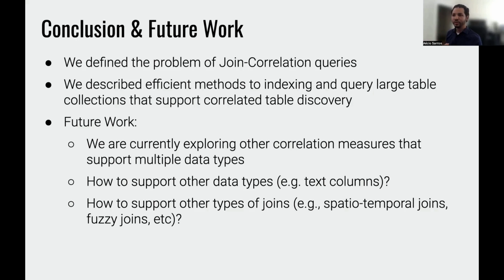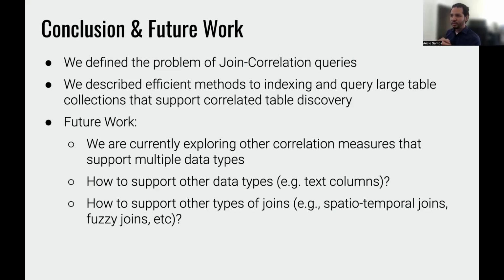For example, we want to look at correlations that not only support numerical data, but also categorical data, as in the real world, many data sets contain categorical variables. Right now we are exploring using mutual information. And we already have results showing that it's also possible to estimate mutual information for both numerical and categorical variables.